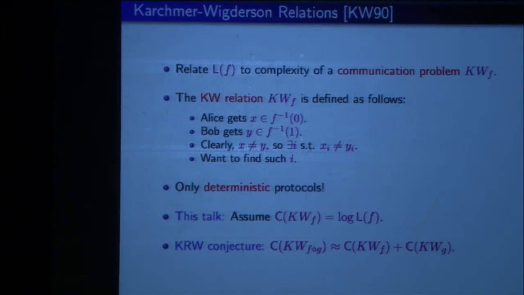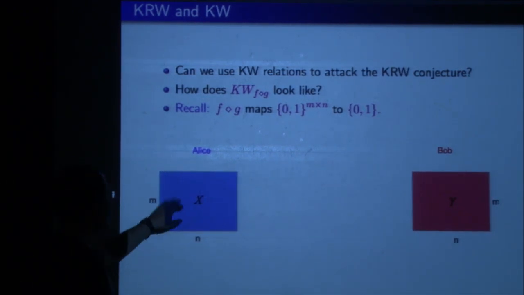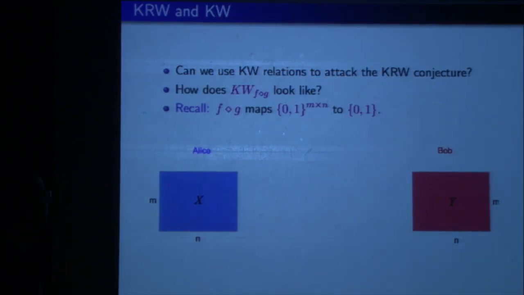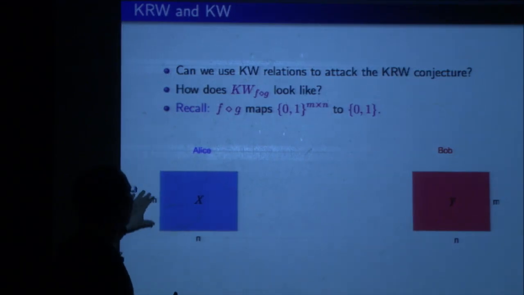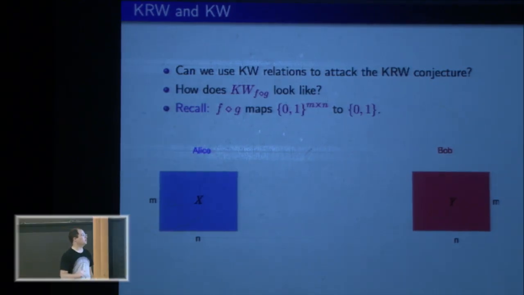So first of all, let's see how we view this conjecture in terms of communication complexity. In particular, how does the KW relation of f composed with g look like? As you recall, in the composition, they get m by n matrices, x and y. The inputs to the functions are m by n matrices. And what are we guaranteed on those matrices? Well, we are guaranteed that they are a 0 and a 1 of the composed function.